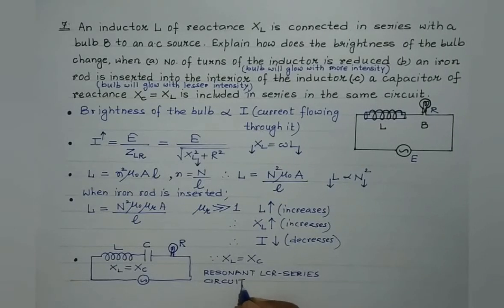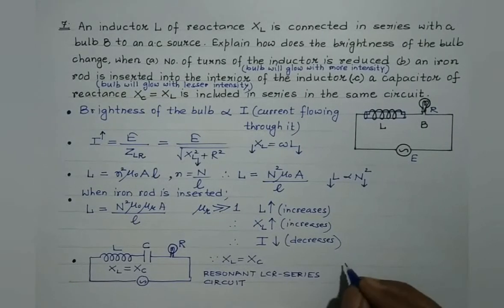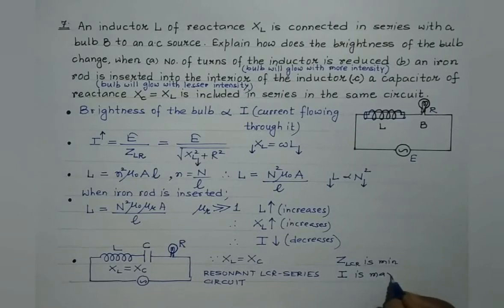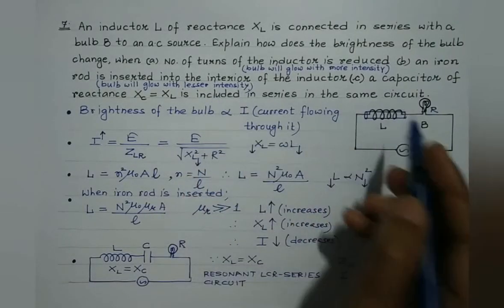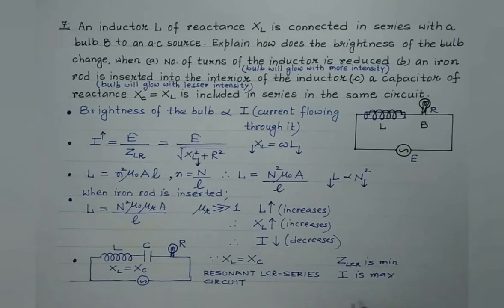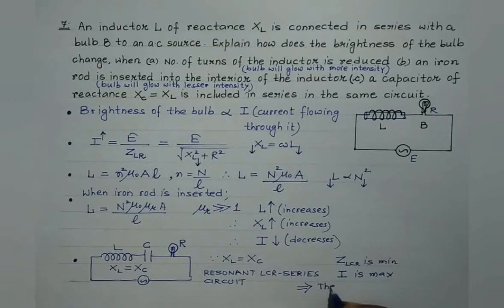And we are aware, in the case of resonance condition, the impedance offered is minimum, and therefore the current flowing through the LCR circuit is maximum, which means that the bulb will glow with maximum intensity. The bulb in this case will glow with maximum brightness or intensity.